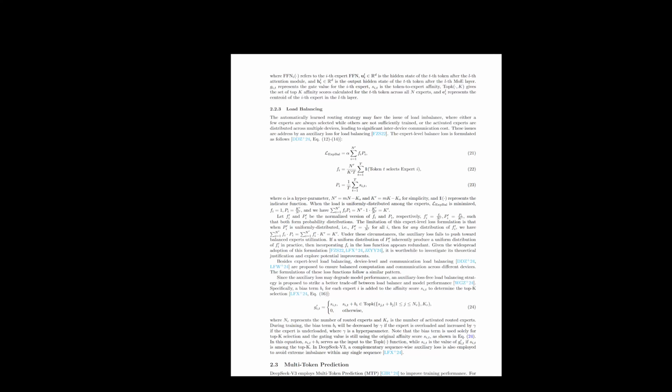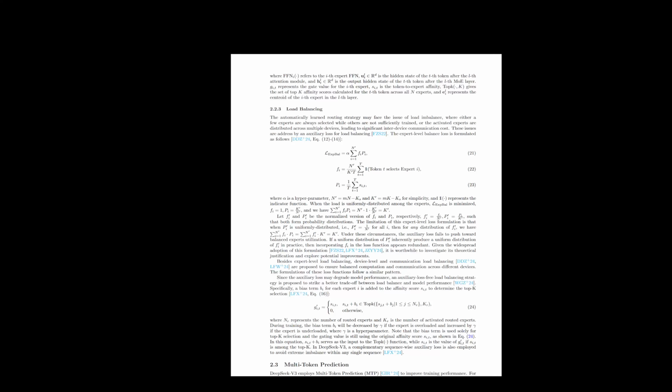If a uniform distribution of P_i inherently produces a uniform distribution of f_i in practice, then incorporating f_i in the loss function appears redundant. Given the widespread adoption of this formulation [FCS+22, LFX+24, JZI+24], it is worthwhile to investigate its theoretical justification and explore potential improvements.